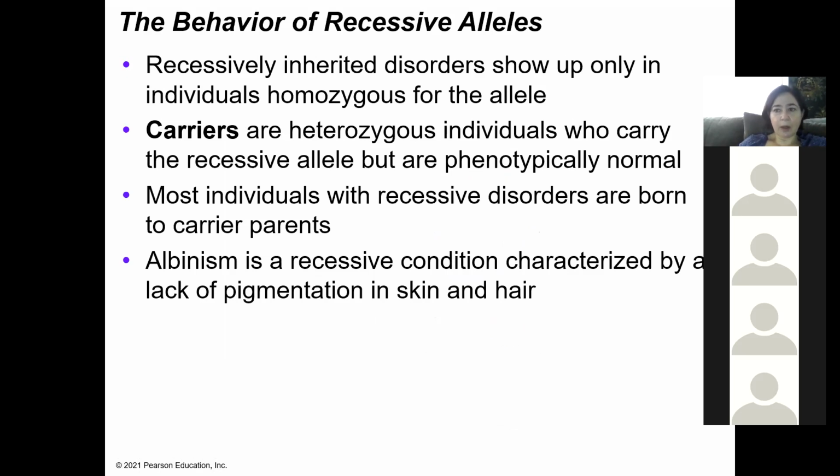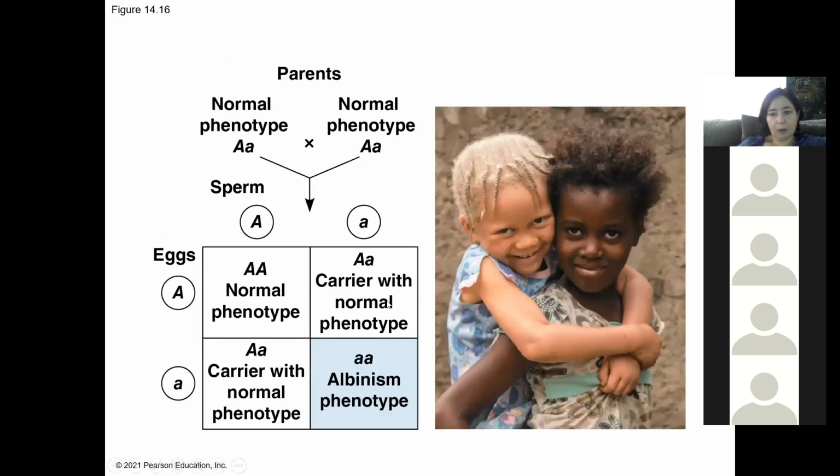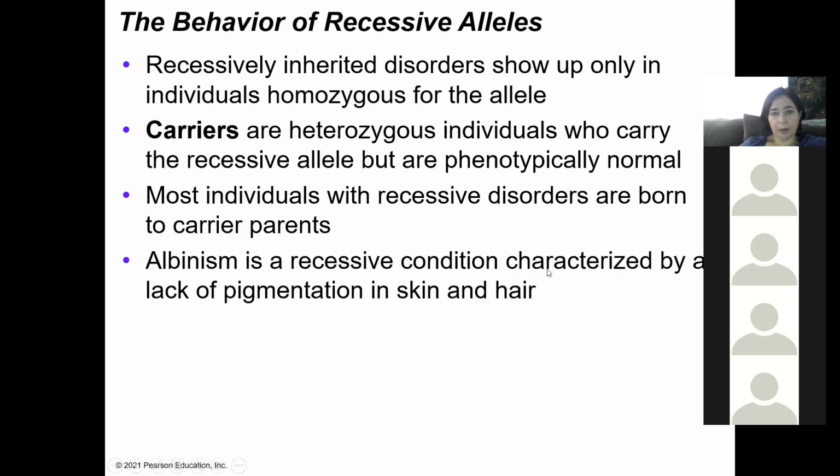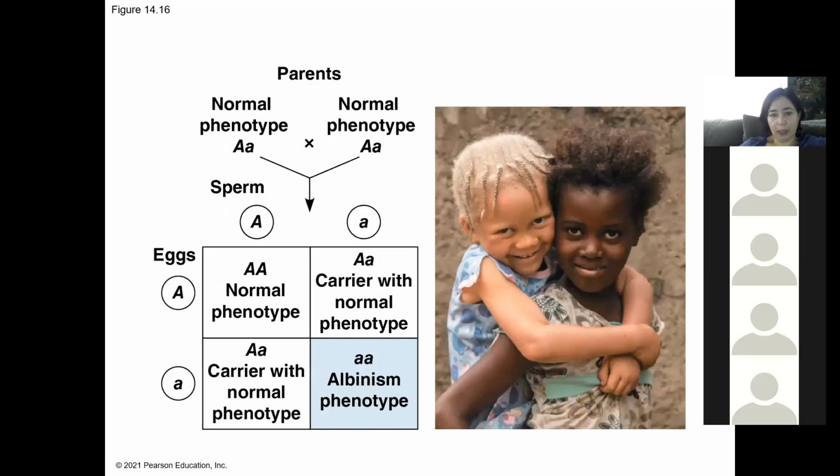Parents have to carry the recessive allele while they are not affected. Take albinism: it is when cells in the skin called melanocytes don't produce a pigment called melanin. If both parents are carriers, there is a 25% chance the child will be affected, will be albino.